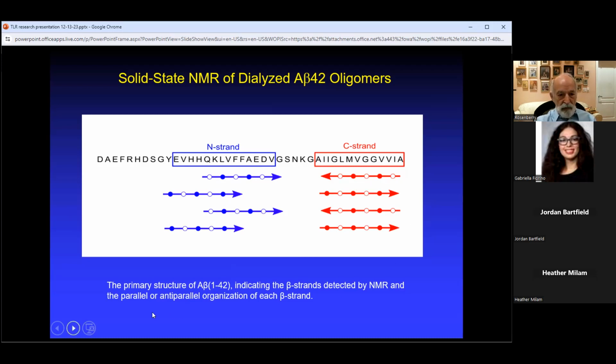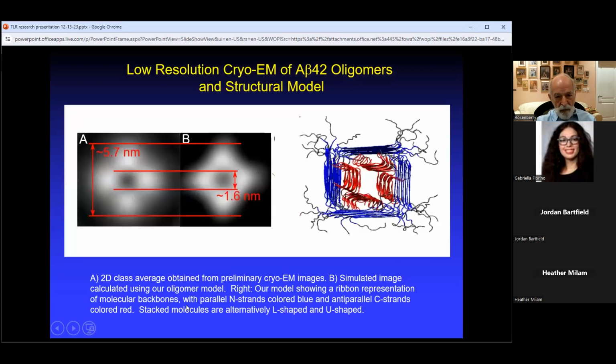But then we were able to do a lot of molecular modeling, and we also did some low resolution cryo-EM of these 150 kilodalton oligomers. The cryo-EM showed a constellation of 4 subunits, four oligomers that was in a planar arrangement.